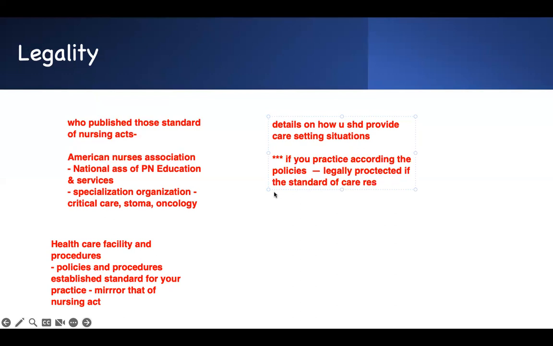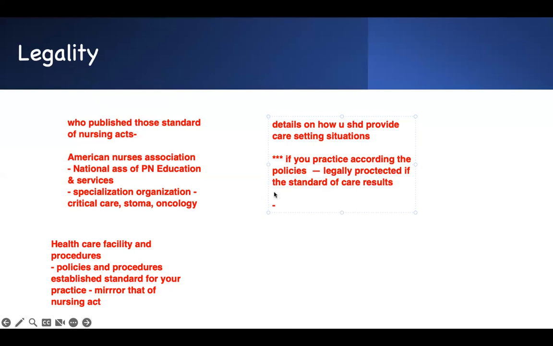What it means is if you follow the instructions in that manual to the T, and even if something happened to the patient, you are legally safe. The hospital will be responsible, not you.